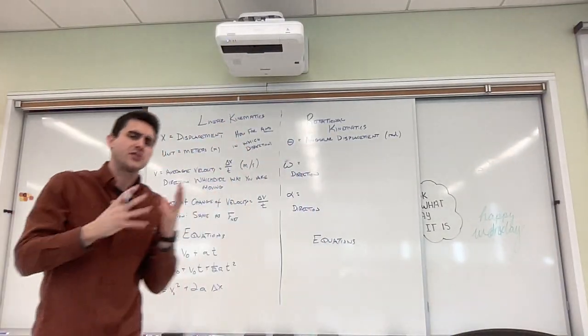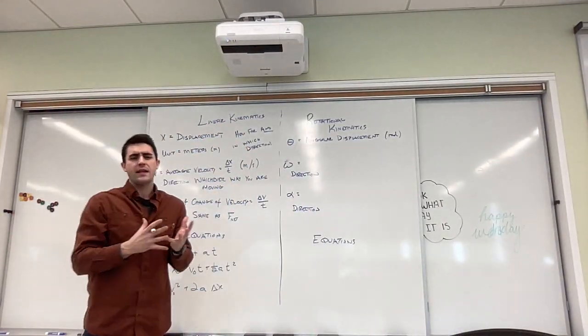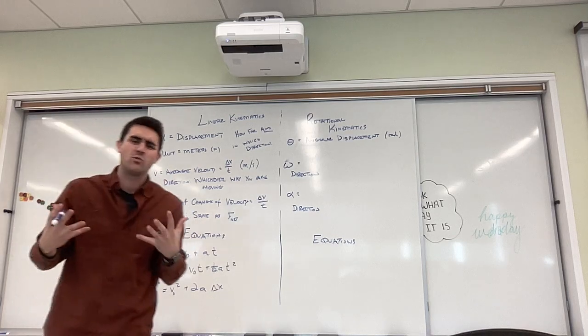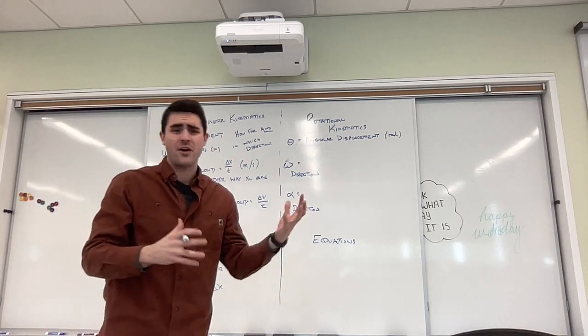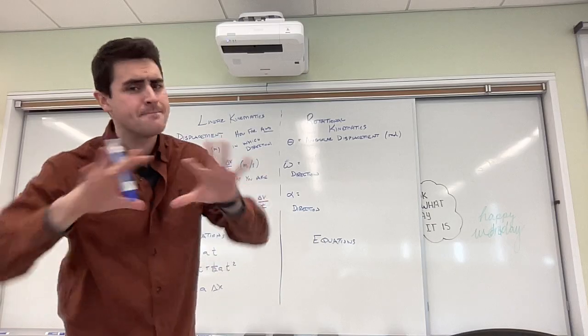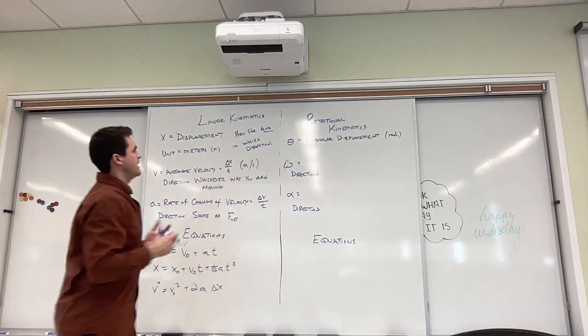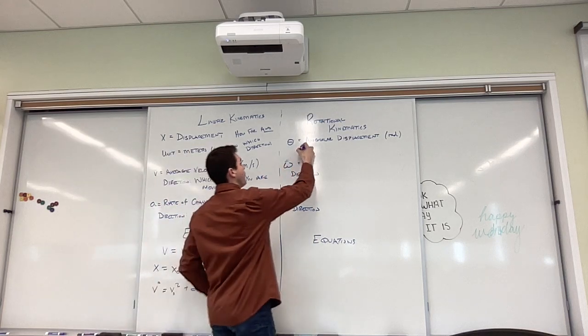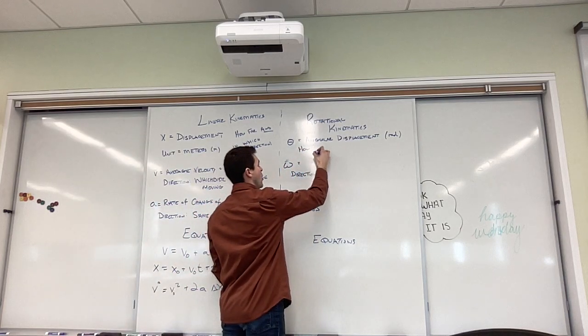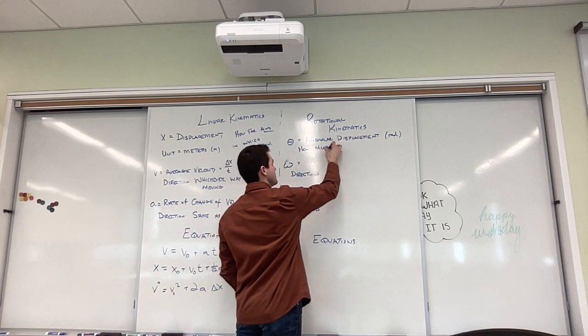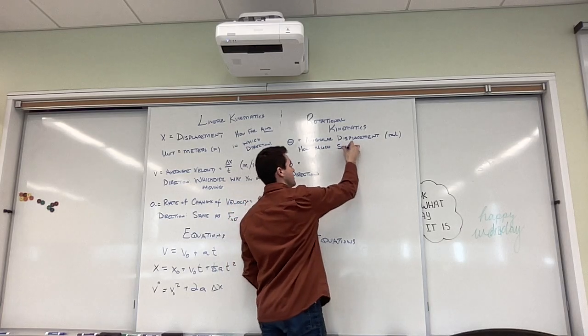So those are just the same idea. Degrees and radians are very similar. They're just different ways of measuring the same thing. It's like Fahrenheit and Celsius. The same idea, different number systems. Okay? So angular displacement is measured in radians, and it tells us how far or how much something is rotated.